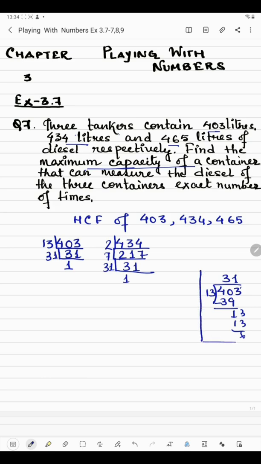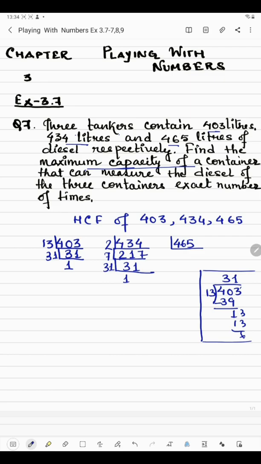Okay, now next we will have to find the prime factorization of 465. As the last digit is 5, it will be divisible by 5, right? This can be divisible by 3 also, because the sum of the digits 4 plus 6 plus 5, 4 plus 6 is 10 and 10 plus 5 is 15.